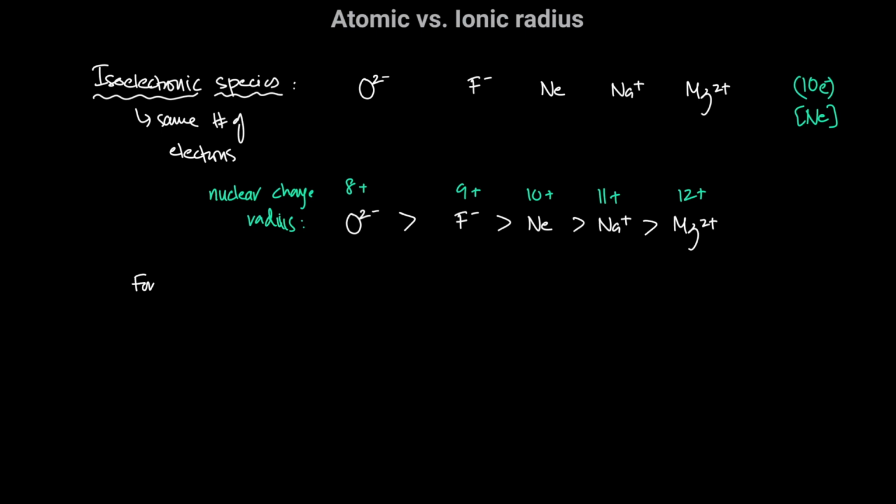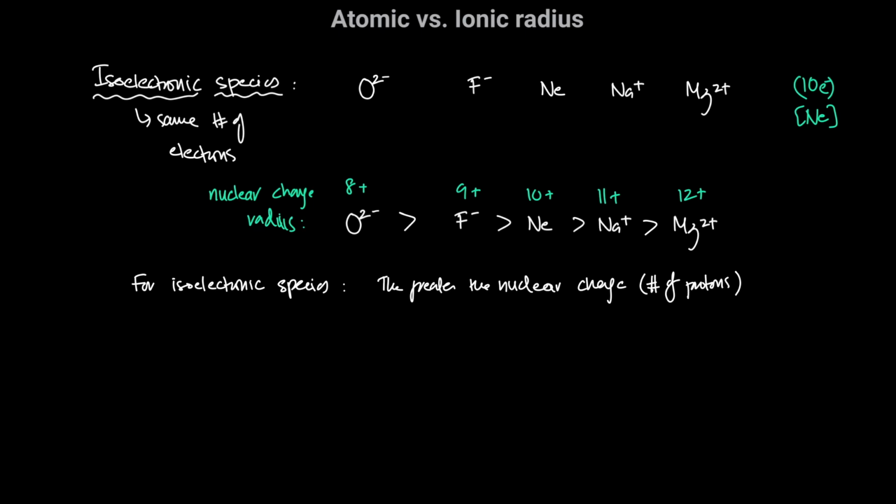So when we talk about isoelectronic species, the greater the nuclear charge, or the number of protons in the nucleus, the smaller the radius.